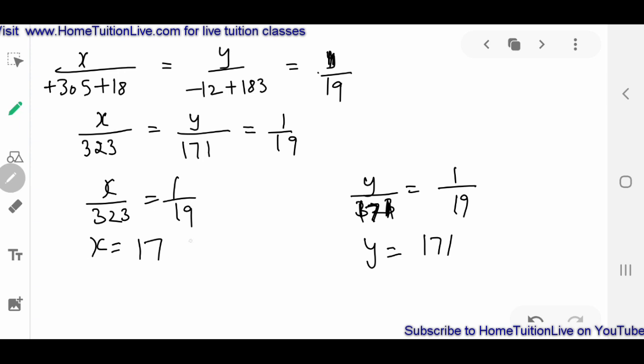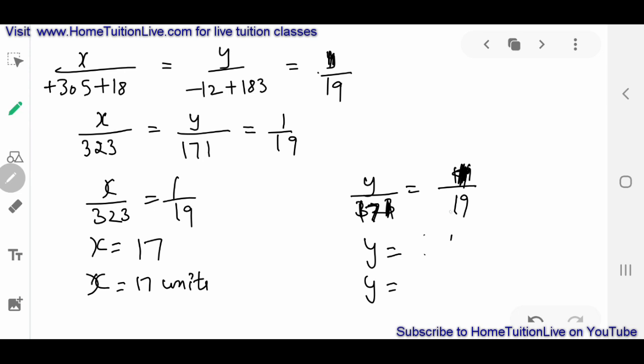Okay, so x is 17 units and y is 9 units.